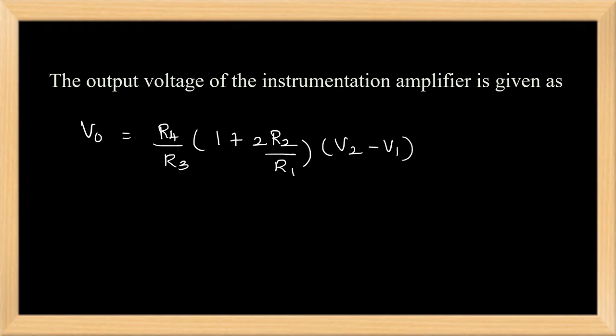To realize the instrumentation amplifier in the laboratory, we consider all the resistors to be equal to 10 kilo ohm. So the output voltage will be V0 equal to 3 into V2 minus V1. So the gain is 3 here. The instrumentation amplifier produces 3 times the difference between input signals V1 and V2.